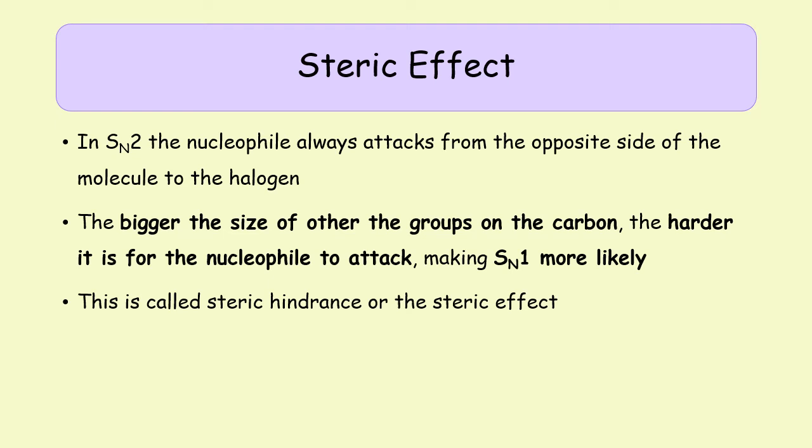And if it's unable to get to that carbon atom, it will not be able to form the intermediate or do the SN2 reaction. And we call this blocking due to the size of the groups the steric effect or steric hindrance. So I will illustrate what we mean by that.